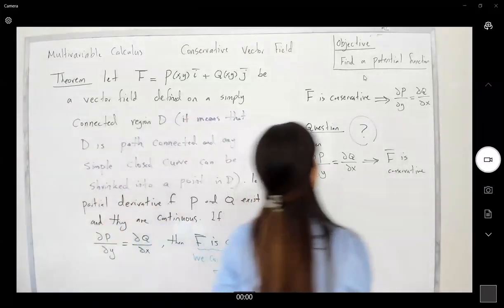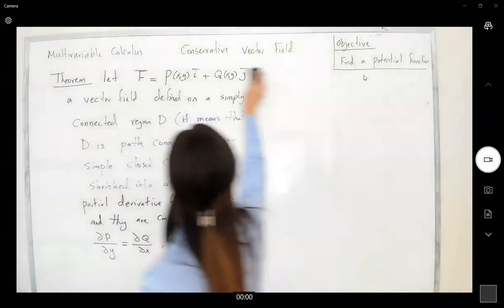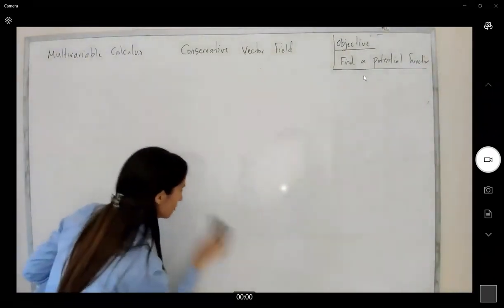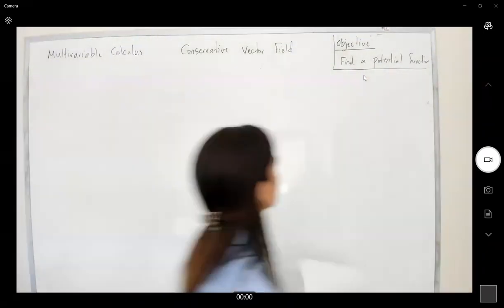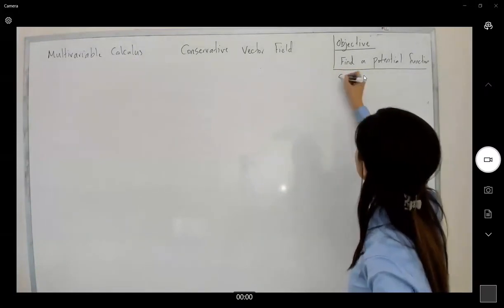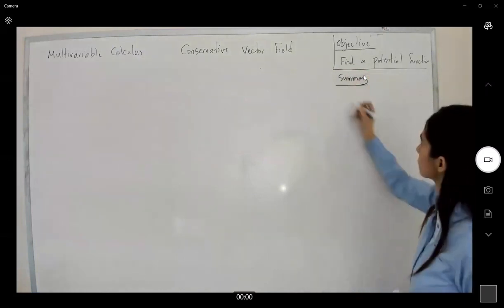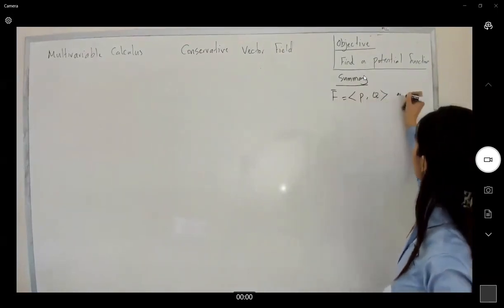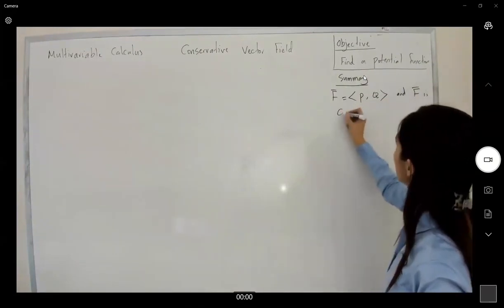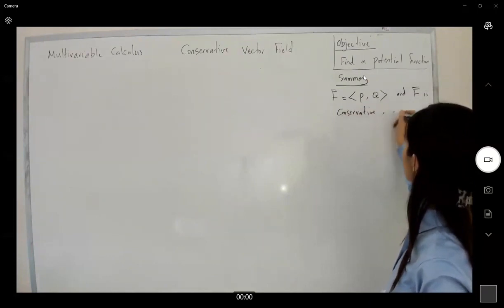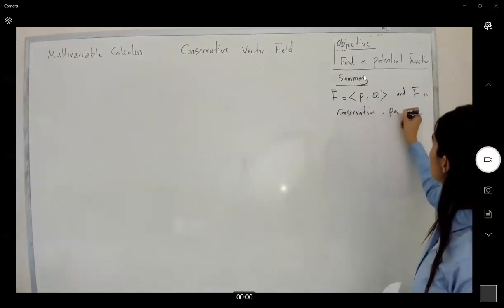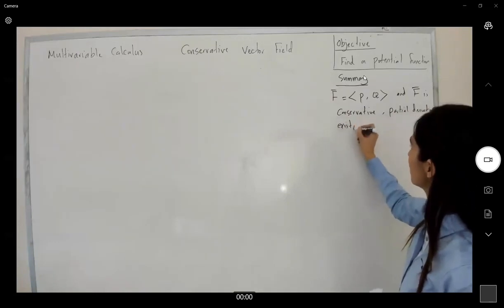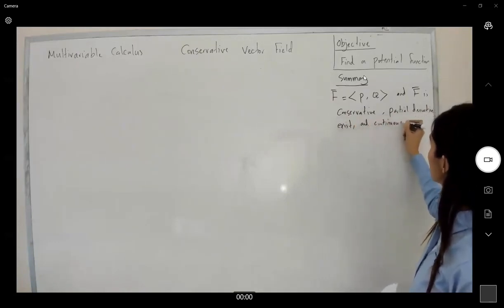Let me write down the summary on this part of the board. So what we learned so far: if you have a vector function like F, P and Q, and F is conservative, and with the conditions that the partial derivatives exist and are continuous, then we have this equality.